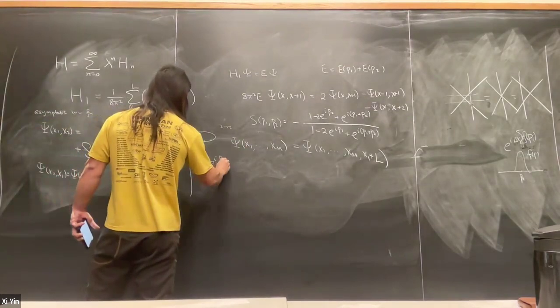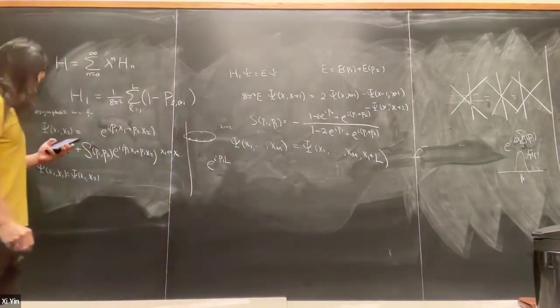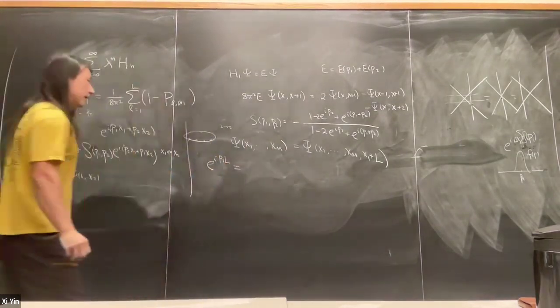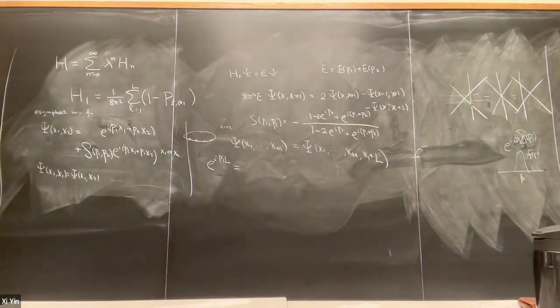It has the e^{ip_1 L} factor, and then, okay, first of all, you have to work this out more carefully, because you have to write the M-body wave function, which will involve all the possible permutations, and for every permutation there's a corresponding S matrix element that's a product of a subset of the two-body S matrix elements.